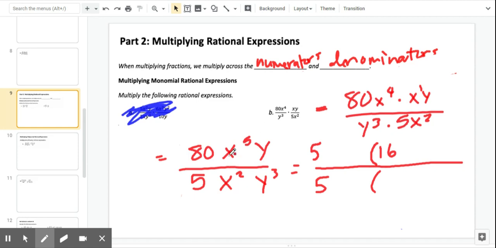Then let's look at the x's. So we have x to the fifth in the numerator, x squared in the denominator. The GCF there is always the lowest degree. So we pick x squared, we factor that out. Okay, so if we factor out an x squared in the numerator, if we take 2 away from 5, we're left with x cubed.